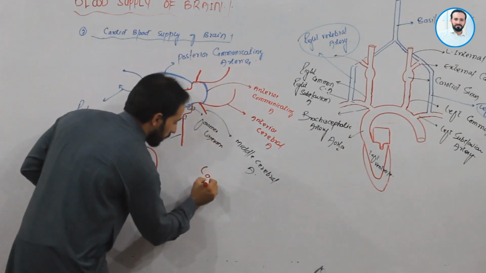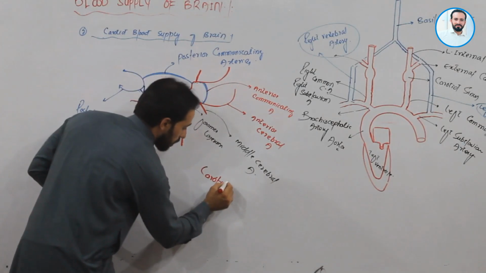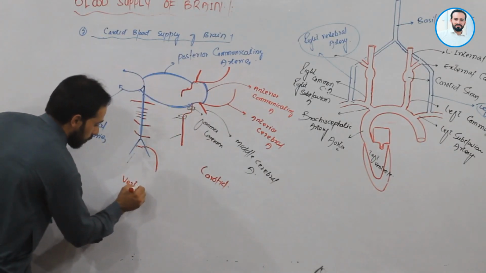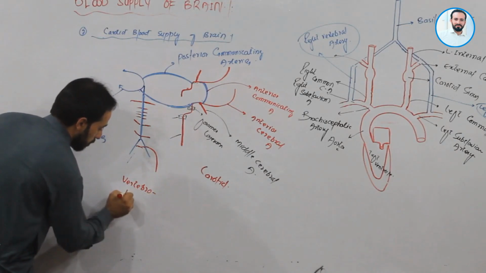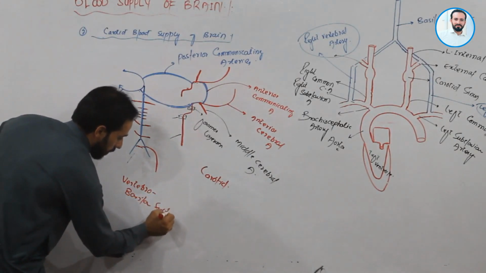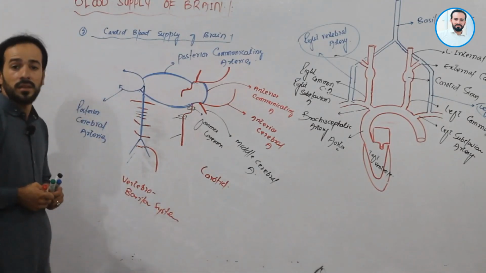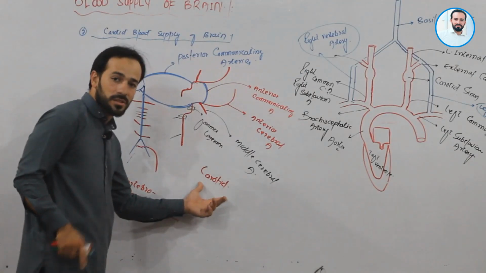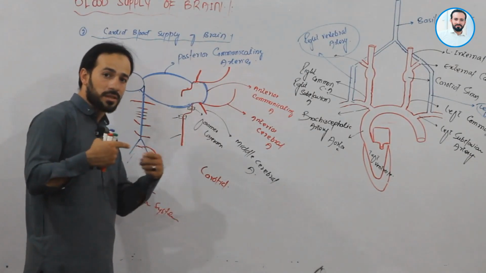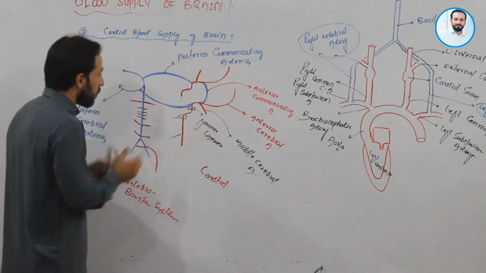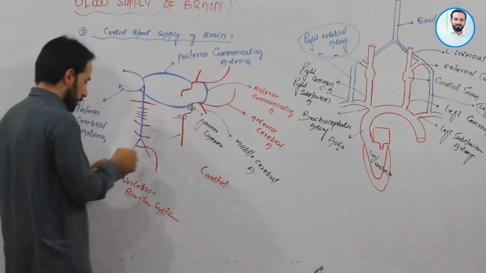This one is the carotid system or anterior system, and this one is the vertebro-basilar system. Clear friends? So the vertebro-basilar system and the carotid system, both of them are joined together by the posterior communicating arteries. Now look, here is a very special circle form.